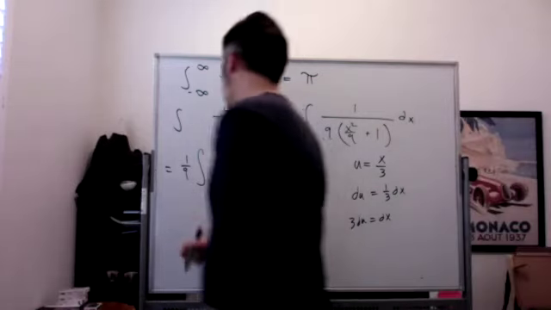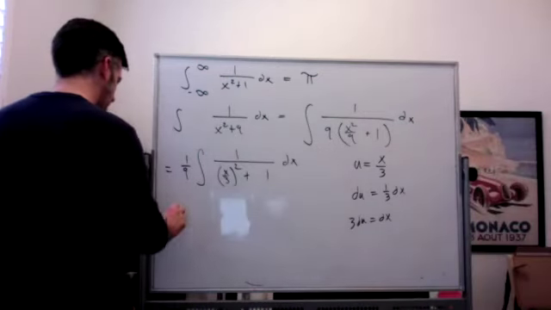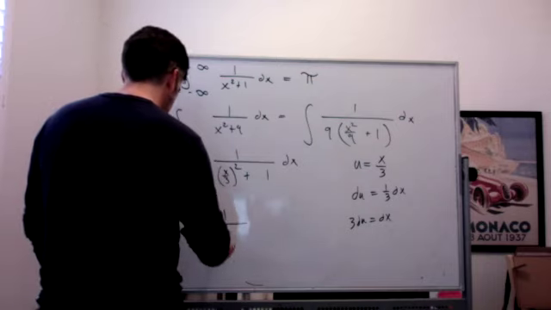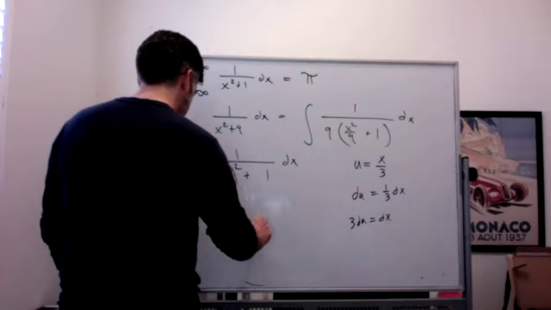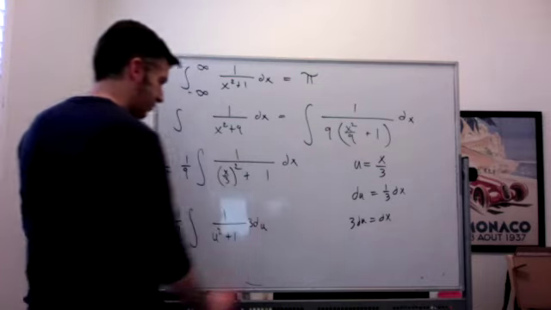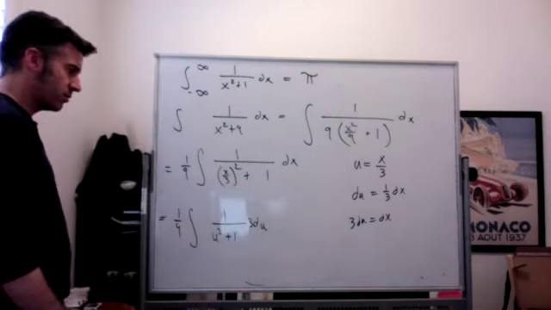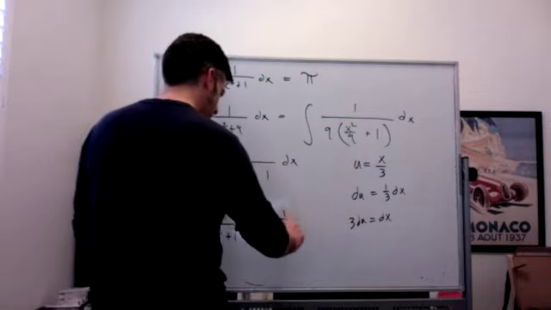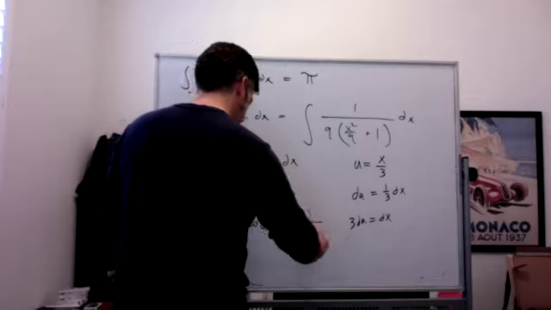So I can rewrite this integral as 1/9 the integral of 1 over u squared plus 1 times 3 du, which becomes 3 over 9, so 1/3 the integral of 1 over u squared plus 1.